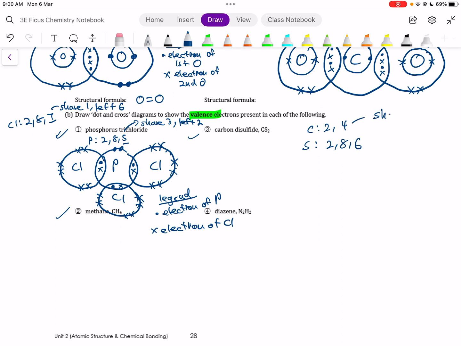So this one you will share 4, left 0. This one you will share 2, and then left with 4. Yeah, right. Okay, just give me a moment.